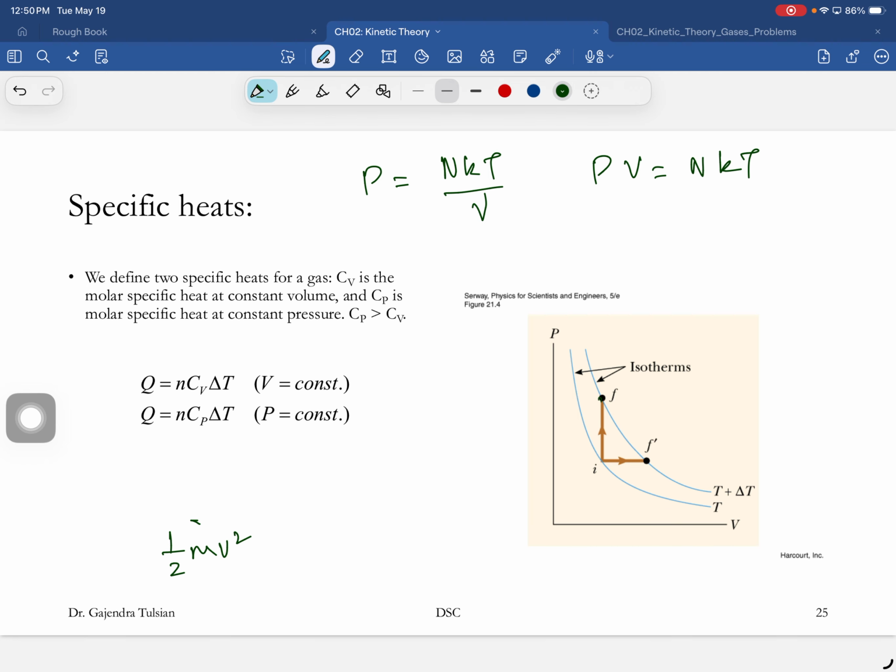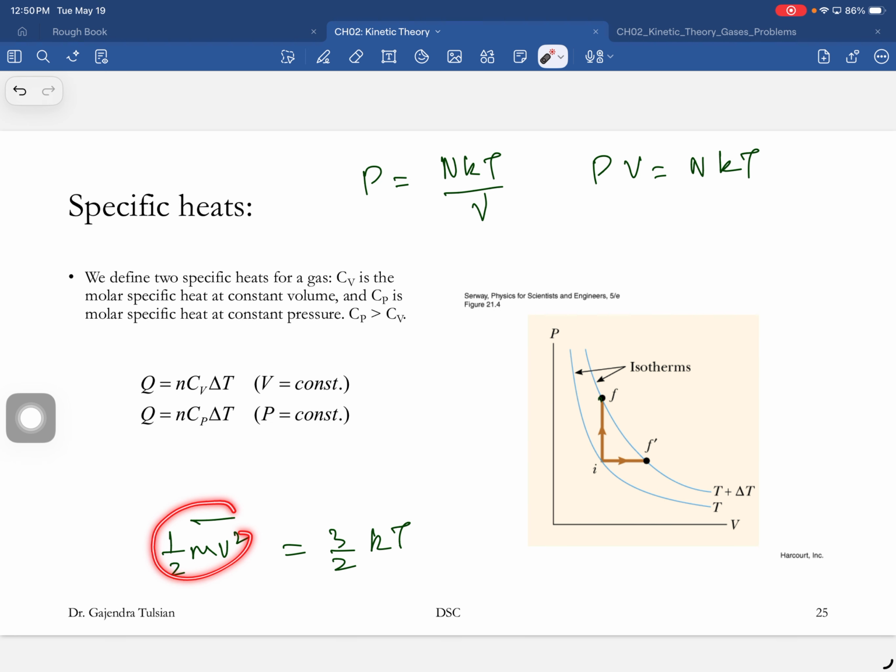So Cv is 1 over n dE by dT, equal to 1 over n d by dT of n F over 2 RT. The d by dT kills the T, the n cancels. So Cv is F by 2 R. Cv for an ideal gas is F by 2 R.